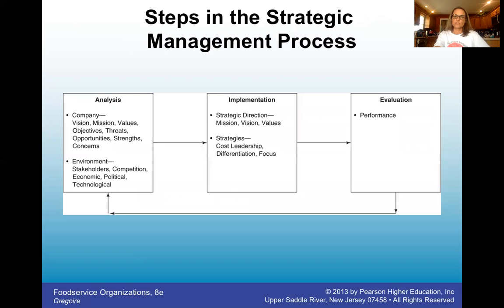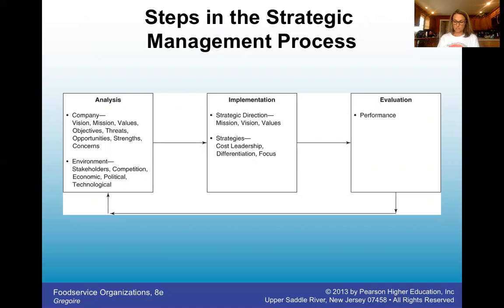So, steps in the strategic management process. There are some different things that we have to do, but one involves an analysis of the company, its environment, creation and implementation of strategies to move the company towards its goals, and evaluation of progress. Analysis includes a review and revision, if needed, of a company's vision, mission, values, and objectives.